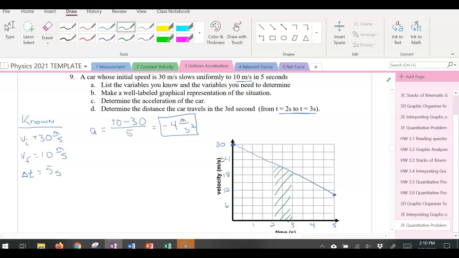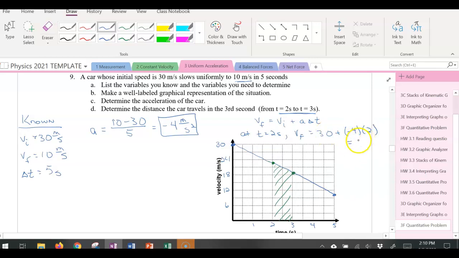Now, using the graph, that's not too hard, although I would need to find these points that I've just made little green dots at, because I don't really know the velocity at time 2 and the velocity at time 3. I could figure that out though, because I could use that first kinematic equation. At t equal 2 seconds, the final velocity would be 30 plus -4 times 2.